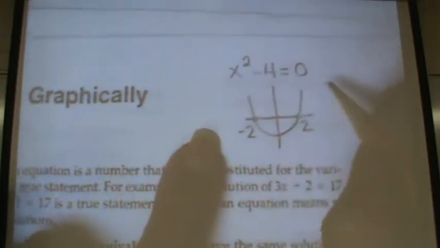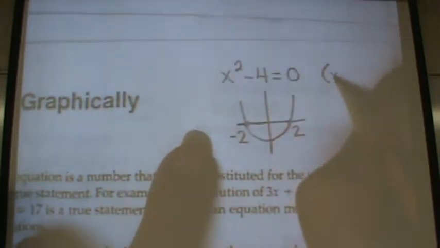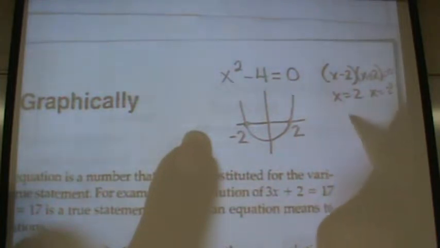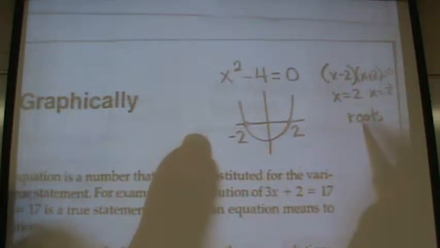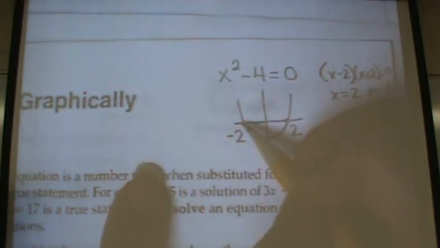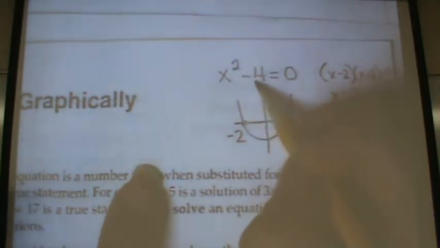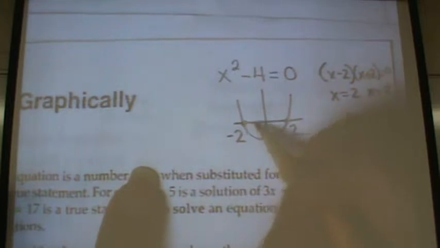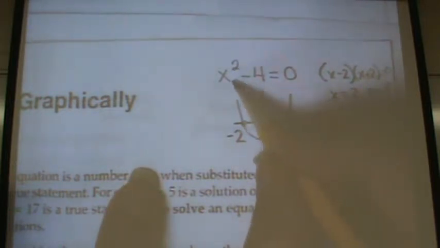And how did we get that? If you factor x minus 2, x plus 2, and you set each of these equal to 0, 2 and -2 are called your roots. Those are the solutions. So what does this mean? It means if we plugged -2 in here and squared it and subtracted 4, we'd get a 0. And same with 2. These are the two numbers that make this work, right?